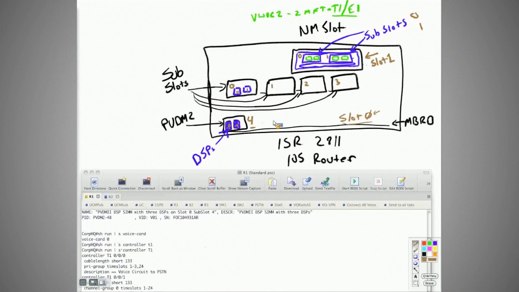So when we talk about the flexible complexity, what we're actually saying is that anywhere here within voice card 0, we have the ability per PVDM, so per individual chip on there, if we're using flex, to say this chip can be set aside for high complexity and this chip could be set aside for medium complexity, which also supports low, but we don't ever only support low, we mentioned.